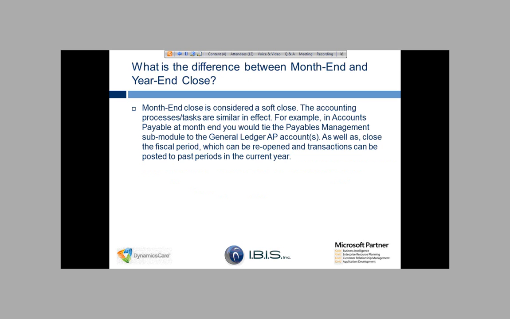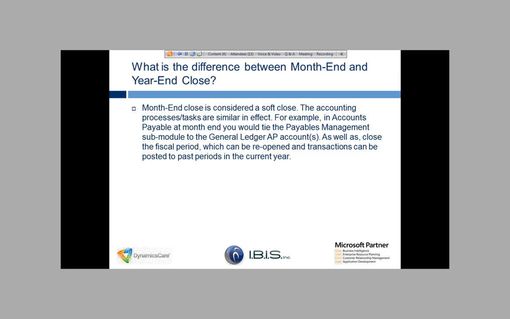So diving into what is the difference between month end close and year end close. The month end close is actually considered more of a soft close. You'll have different accounting processes and tasks that are similar in some cases to year end close.